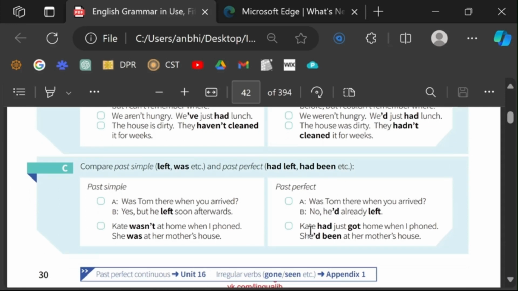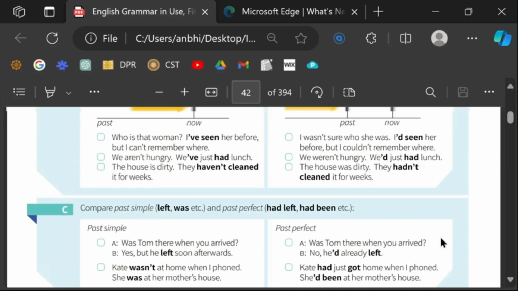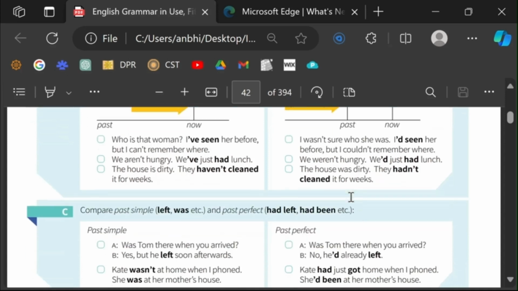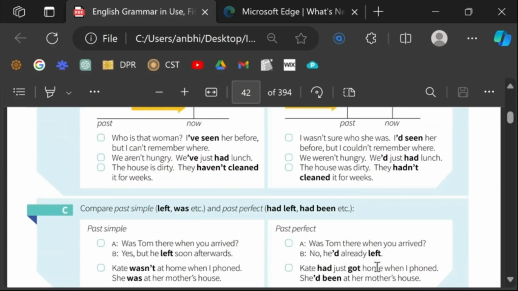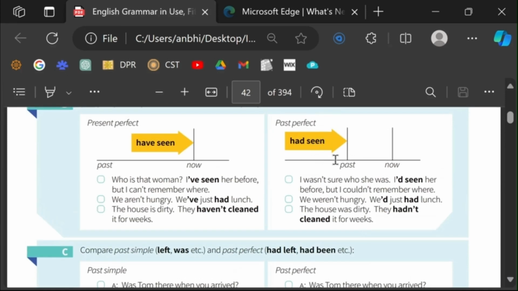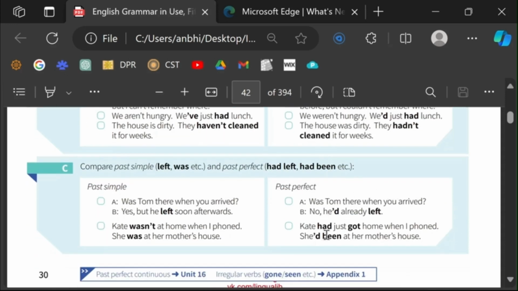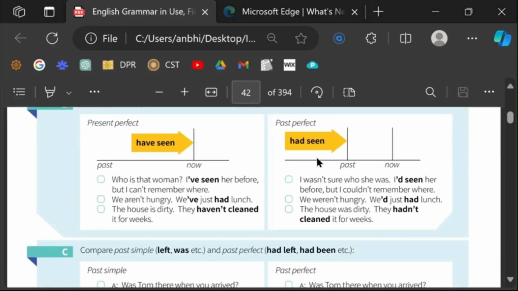Now, Kate had just got home when I phoned. Look at this. When I phoned is the past. Kate had just got home. So she had just got home a little bit before that. Before I called. Before I phoned. So it happened here before, you see? She had been at her mother's house. She had been in the past in her mother's house.